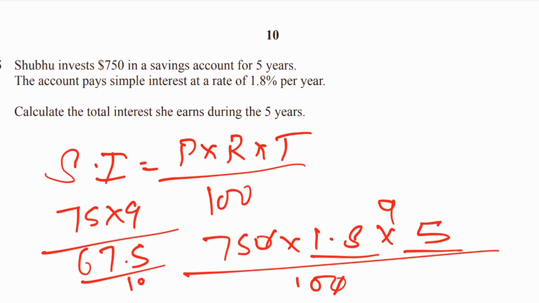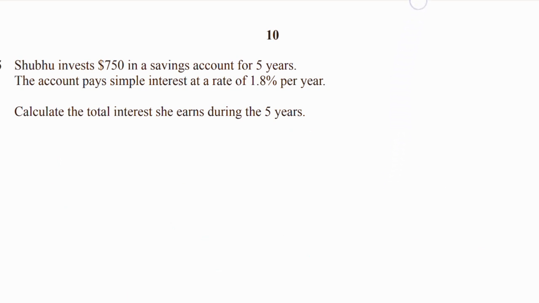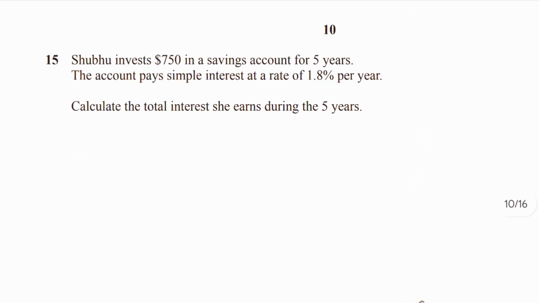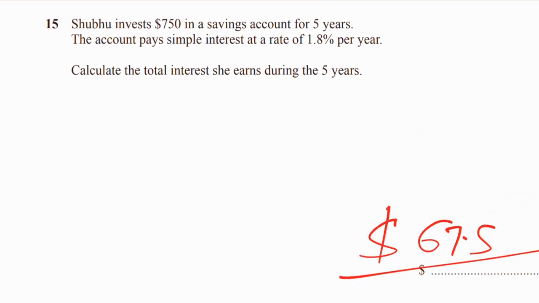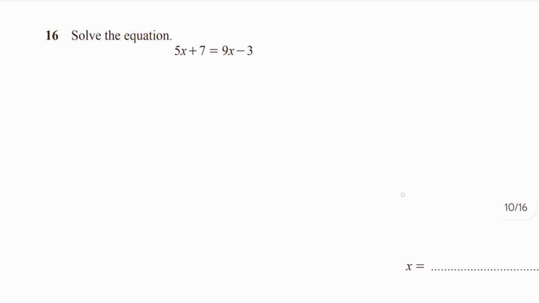So the total interest is only 67. She received $67.5 as interest in 5 years.